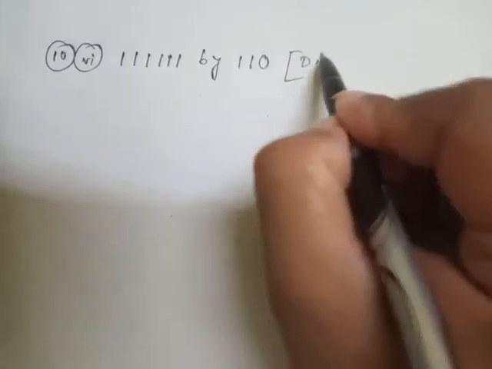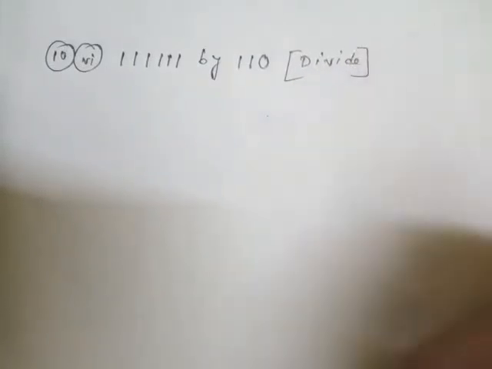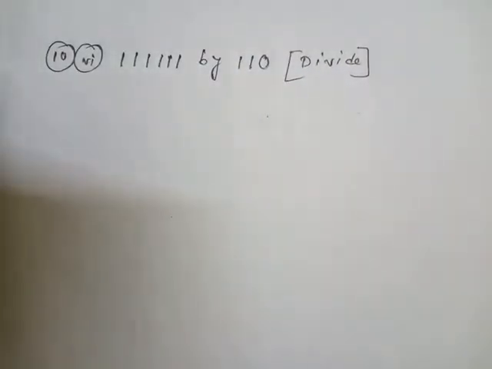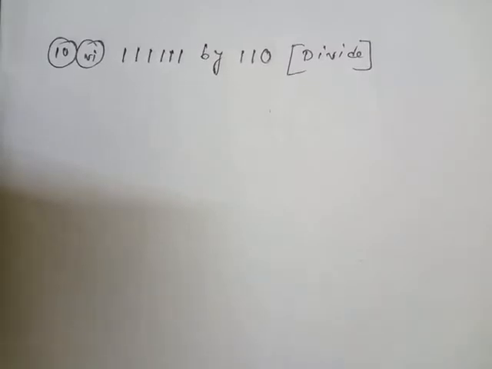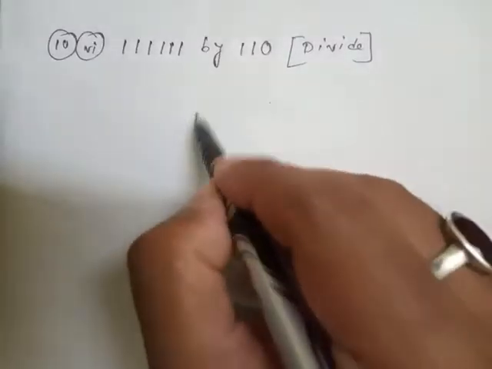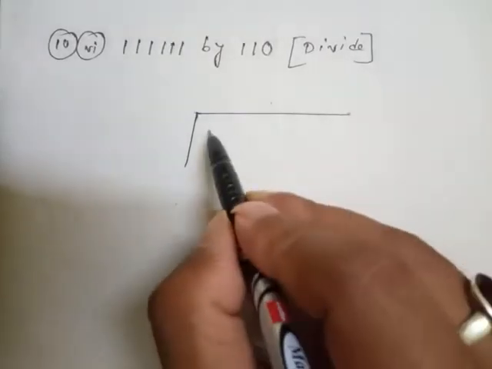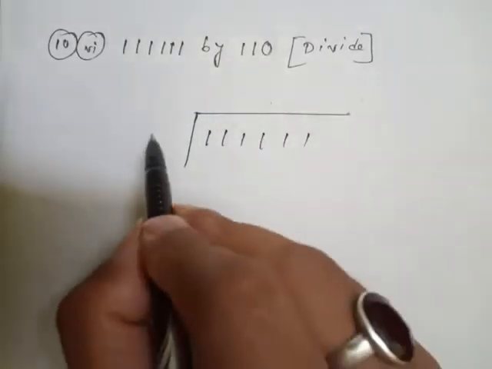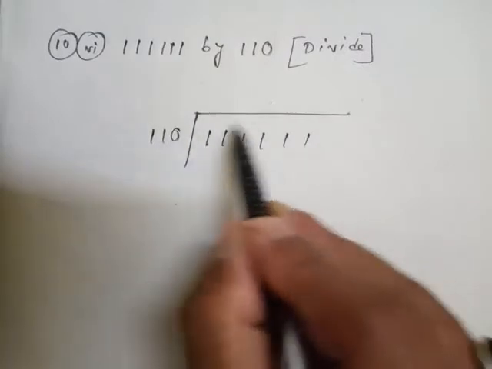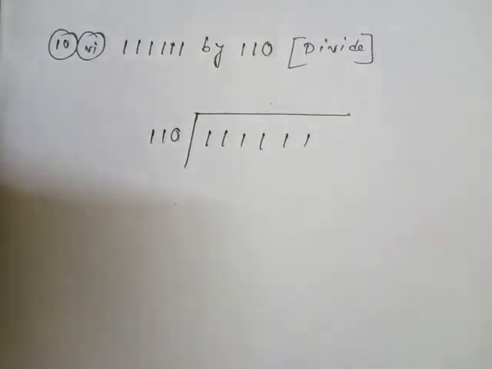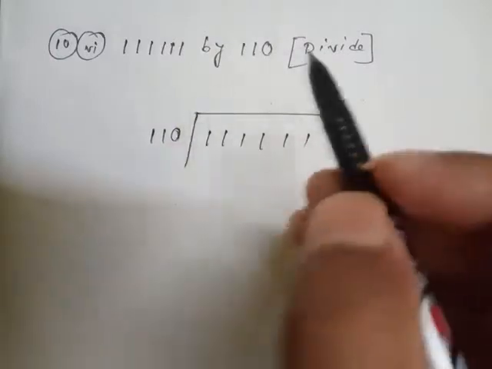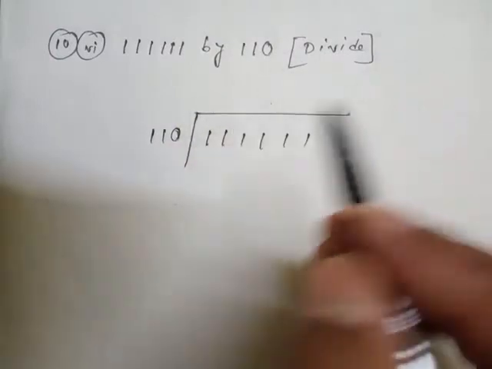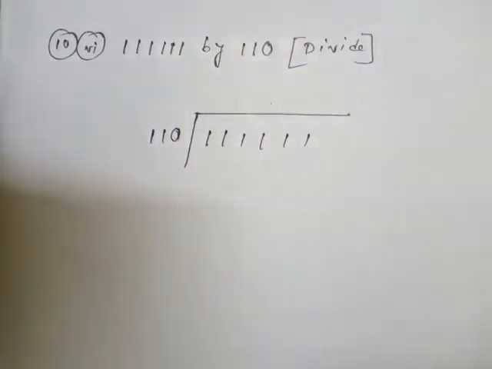I'm writing here divide, which means we have to go for the division here. So division will be taken according to the division rule. So again I am writing here 1, then again 1, and this is 110. This part is dividend and this is divisor. Now look, 110, and we are going to divide this value, all are in binary.